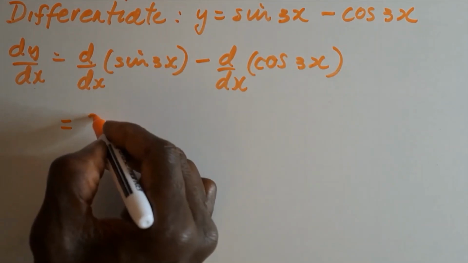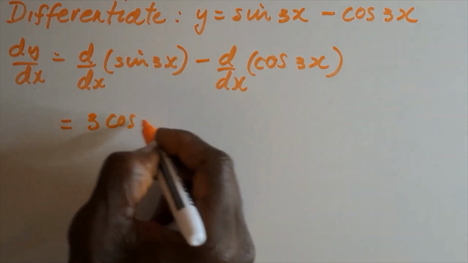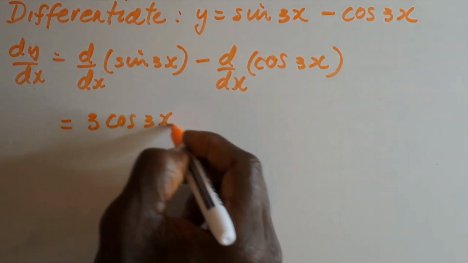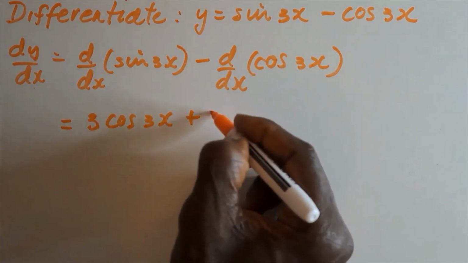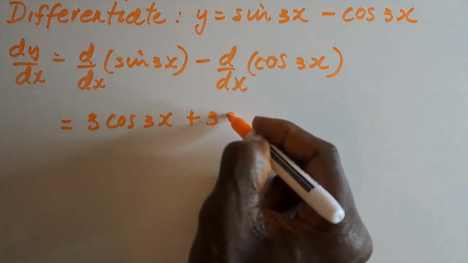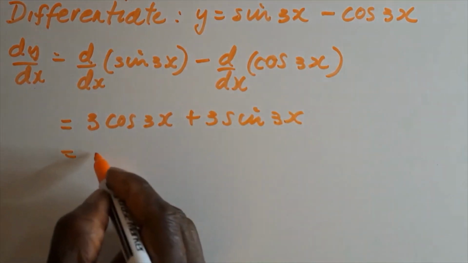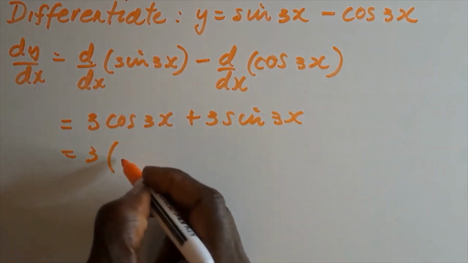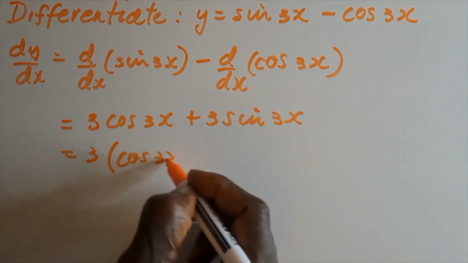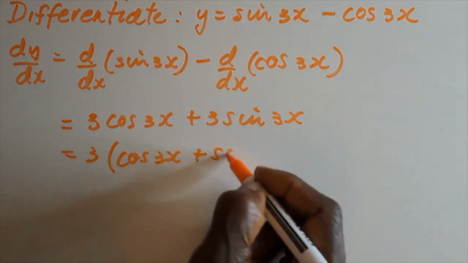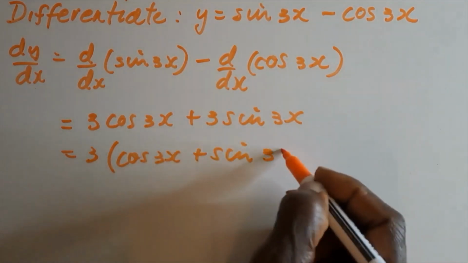This gives us 3 cosine 3x, add 3 sine 3x. We factorize to make it cosine 3x, add sine 3x.